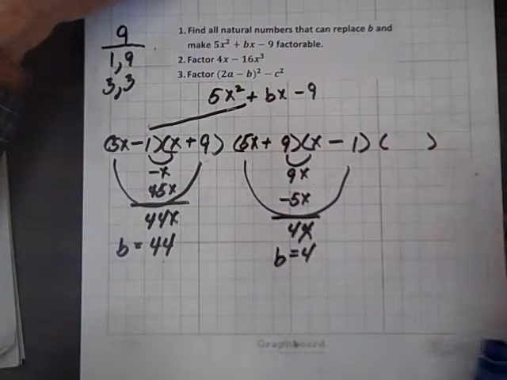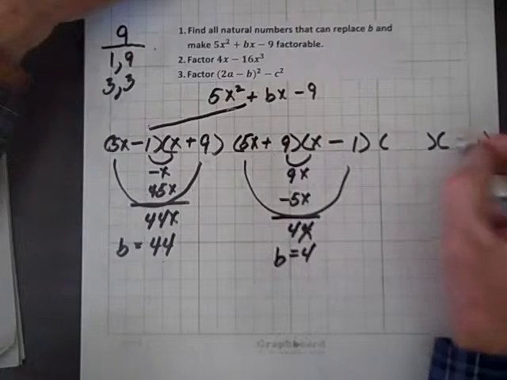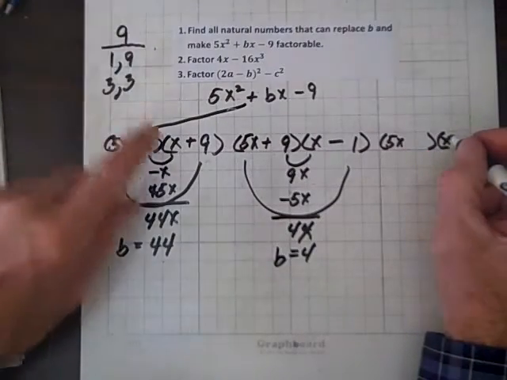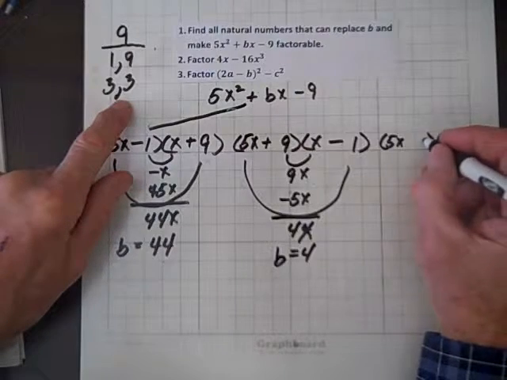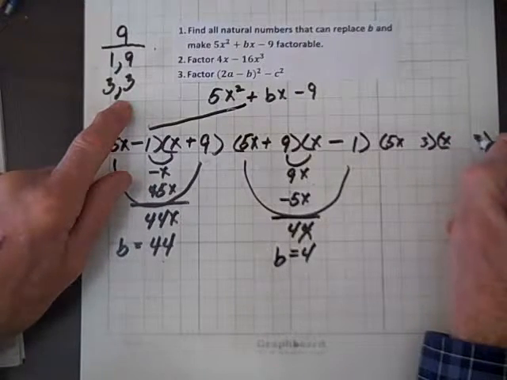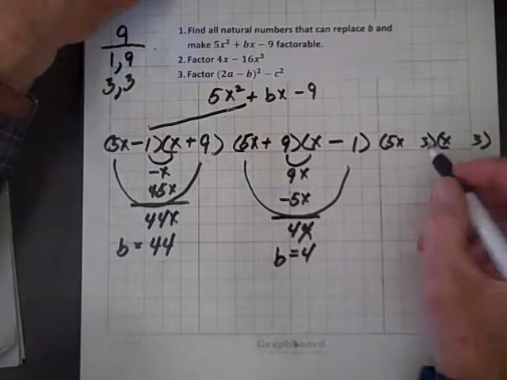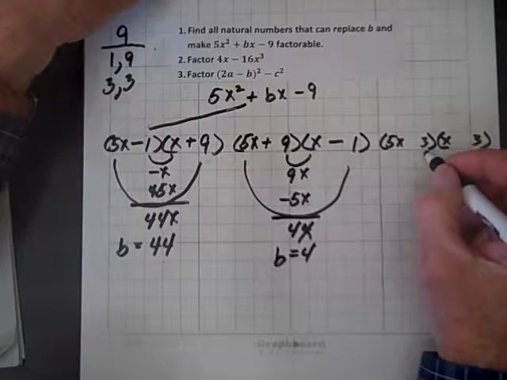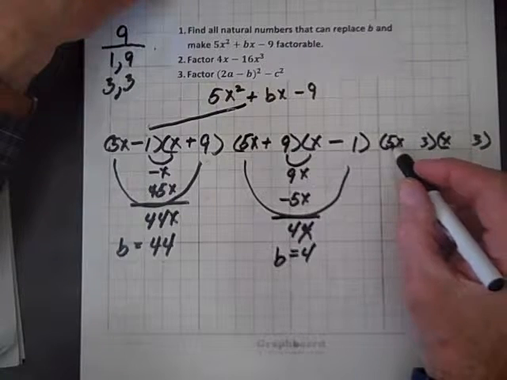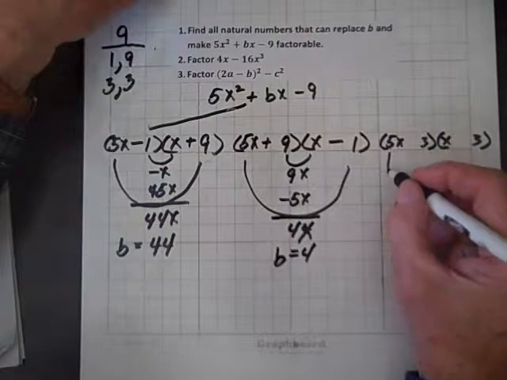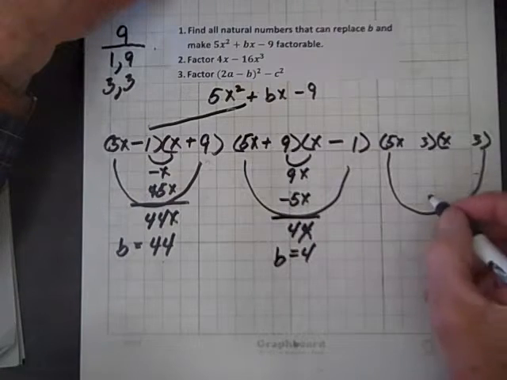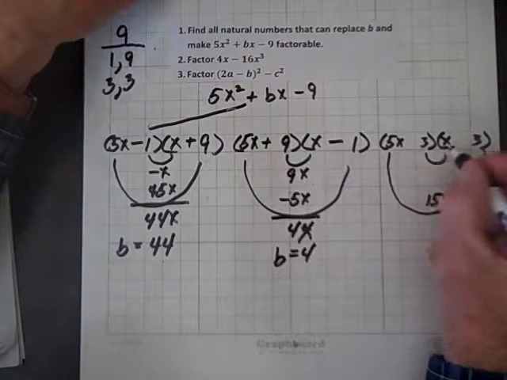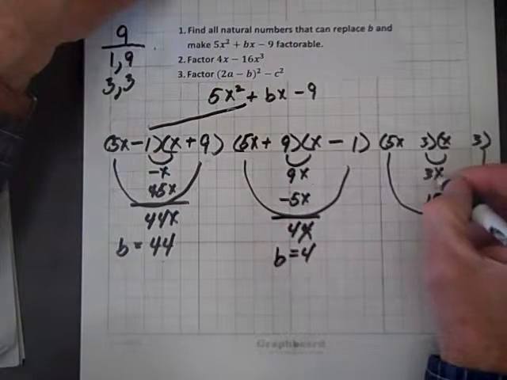Finally, one more case. There's our parentheses, 5x and x. This time we'll choose the factors of 9, 3 and 3. And so the issue is, which one of these 3's gets the positive? Well, let's look at the product of 5x and 3. And that's 15x. And then let's look at the product of 3 and x, and that's 3x.